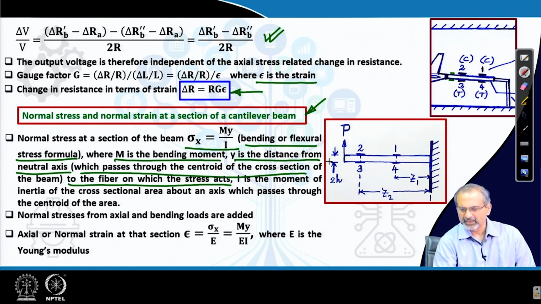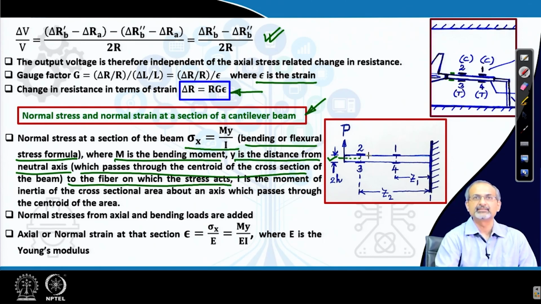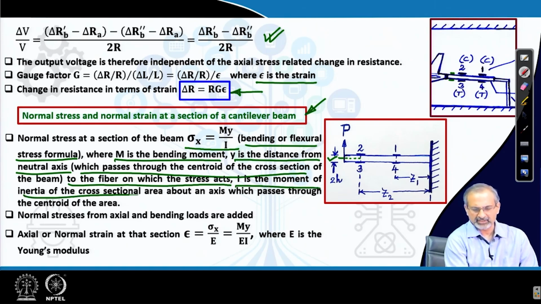So, if you consider its thickness to be 2h, the y will essentially be considered as h, which is basically the distance that we are talking about. I is the moment of inertia of the cross sectional area about an axis which passes through the centroid of the area. These are standard nomenclatures, but we are just trying to revise that idea.